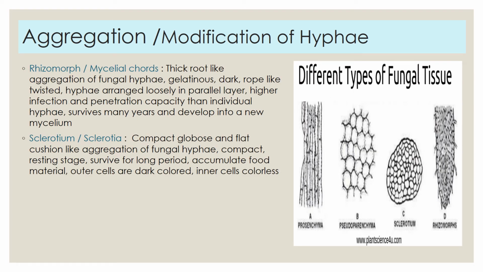Another type of aggregation in the fungi is the rhizomorph or Sclerotia. This is the picture of a rhizomorph, where we see that the hypha run parallel to each other, close to each other, and they resemble a root-like structure.